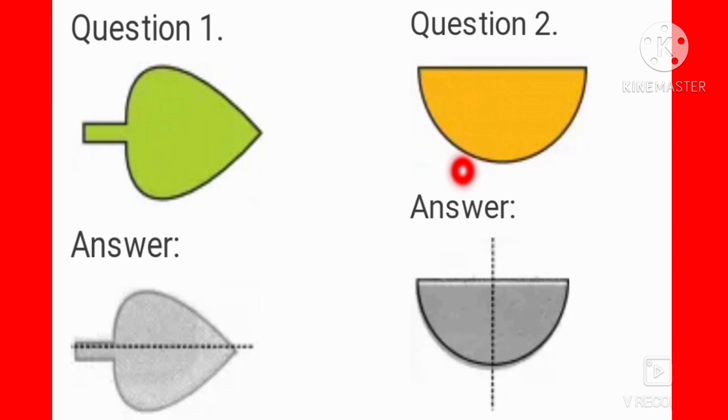It is a semicircle. When we draw a vertical perpendicular line, it makes the semicircle into two equal parts. So there is only one line of symmetry which divides the semicircle into two equal parts, two quadrants.